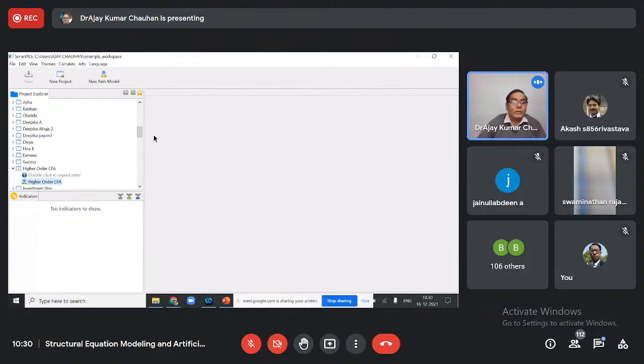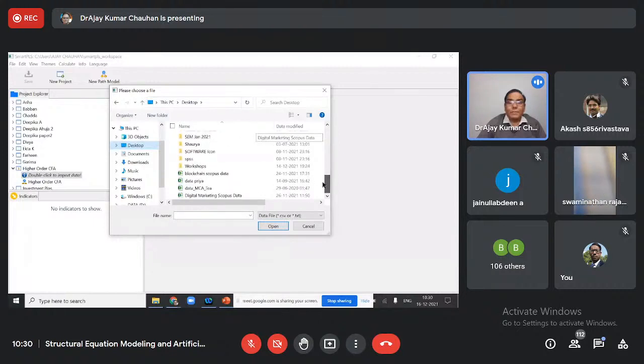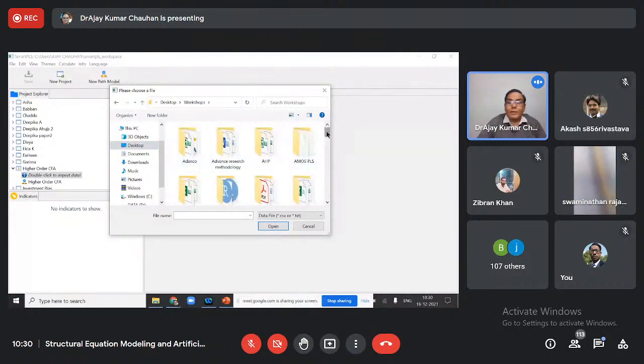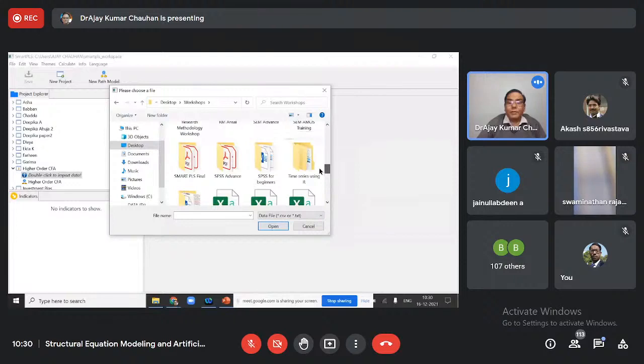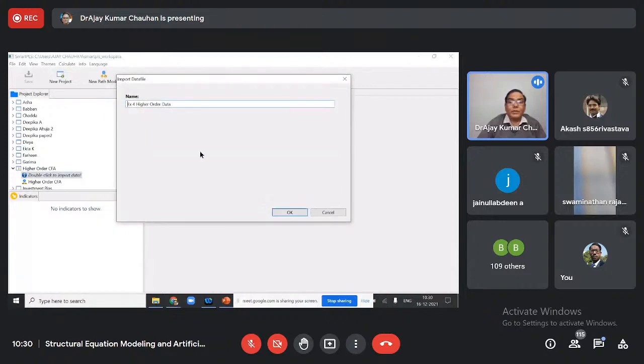The technique is different here. So I just select the data, and the data is available in the Smart PLS folder, data set. I'm taking this work-life balance data, higher order data.